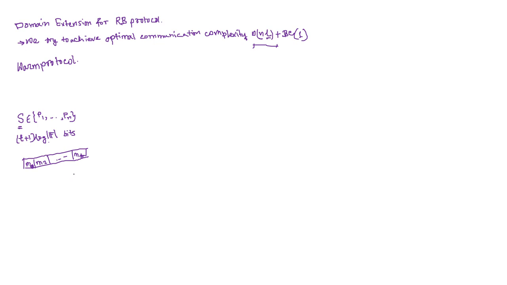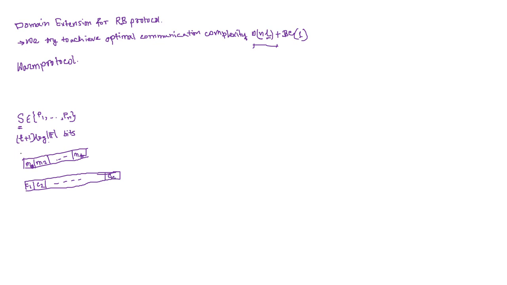Now if the sender treats this as the data word for Reed-Solomon encoding, then after the encoding is applied, it will turn into a code word which looks like this: C1, C2 till Cn.